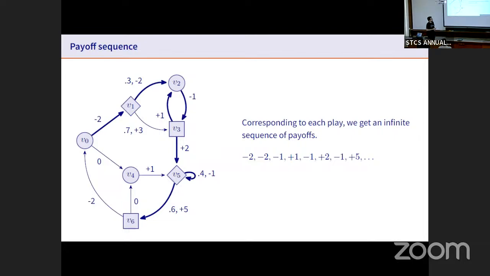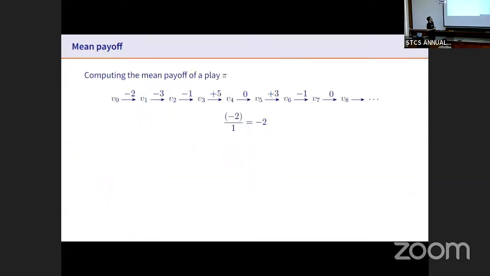All right, so we would like to measure how good that is for player one. Obviously player one would like to receive higher payoffs, but we want to formalize that notion. One way to do that is to look at the mean payoff. We want to see in the long run what's the average payoff player one gets in each turn, and we can take the limit.